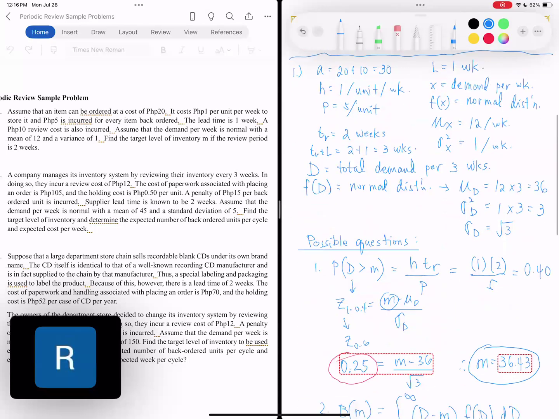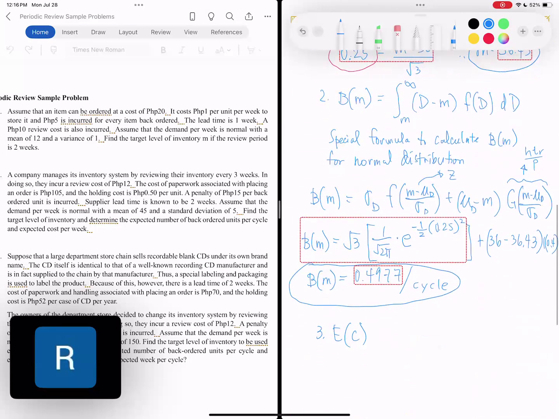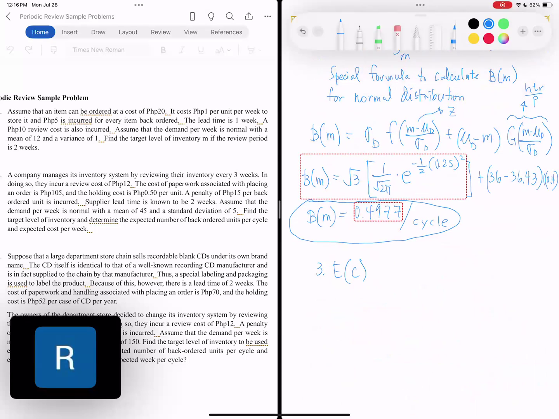And that is what your easy formula in the PowerPoint will give you. It is always per capital T. So therefore, let me just emphasize that this is cost understood. Since TR is 2 weeks, this is cost per week.